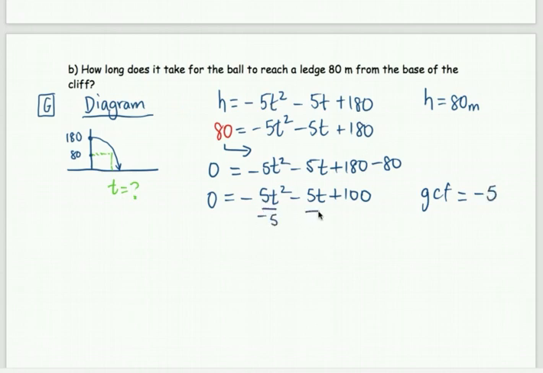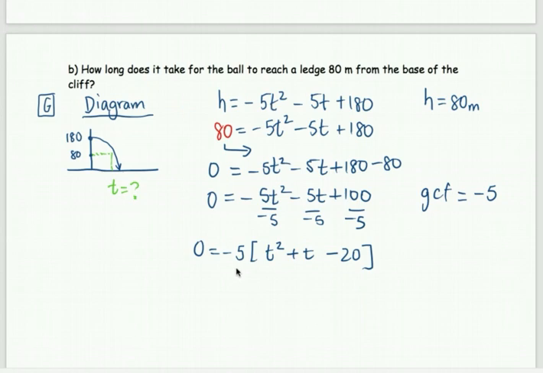Okay, but that all starts off with finding the greatest common factor. So one thing I want to show you here, when this greatest common factor goes out, we're not using the complete the square method, we're just factoring here.